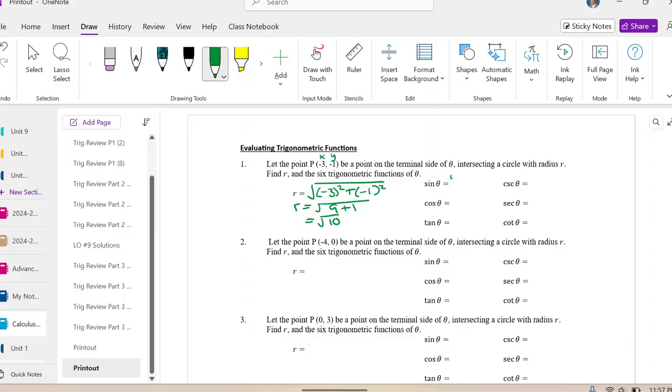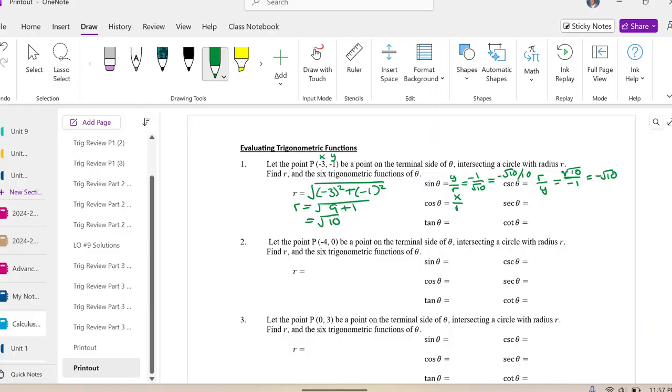So remember the sine is y over r, which means it's -1 over the square root of 10, which you could rationalize to negative square root of 10 over 10. The cosecant is r over y, so it would be the square root of 10 over -1, which is negative square root of 10.